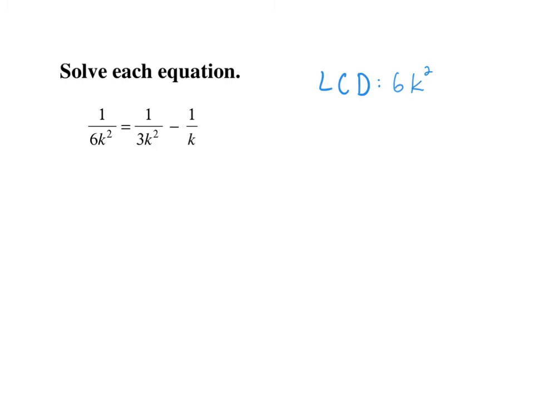Now we're going to take that LCD and multiply it by each term. So this term, and this term, just each thing that's added or subtracted on either side. So we'll take the first term and multiply that by the LCD.